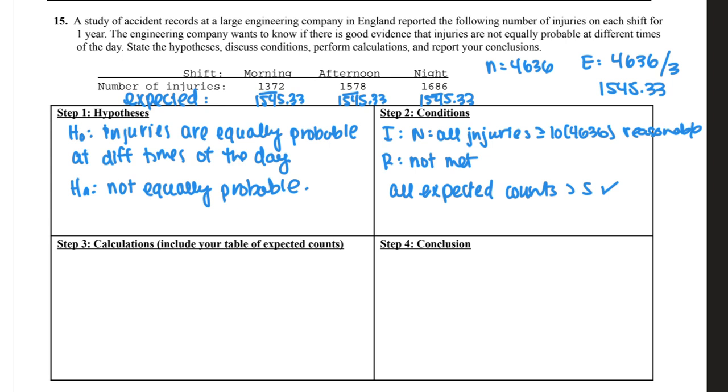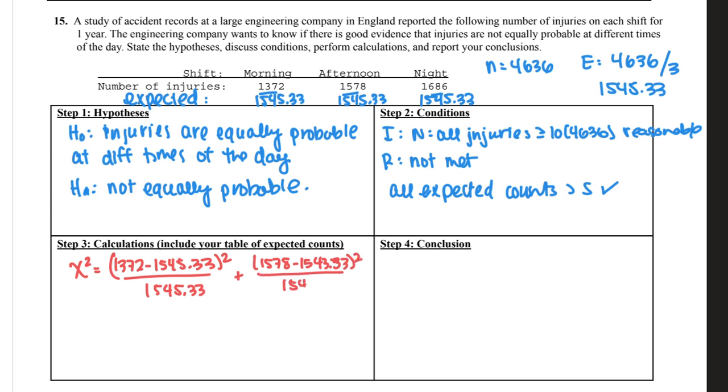All right, so now let's do our calculations. It says include your table of expected counts, which we have here. To get our test statistic, remember we're going to do the observed, so 1372 minus the expected 1545.33 squared over expected. And we're going to do that for every single one. So the next one would be 1578 minus 1545.33 squared over expected.